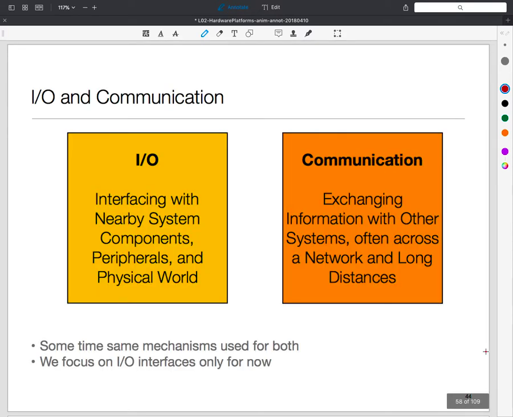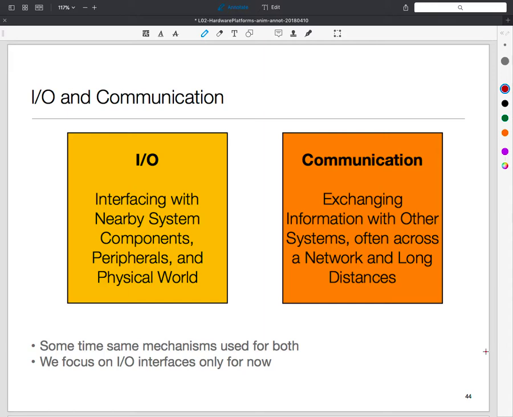I make a crude distinction, as I mentioned last time, that by I/O I'll generally refer to talking to peripherals, components, the physical world, a nearby kind of thing. And communication is when I'm trying to talk to another computer, perhaps even quite distant. Sometimes these distinctions are not that sharp.